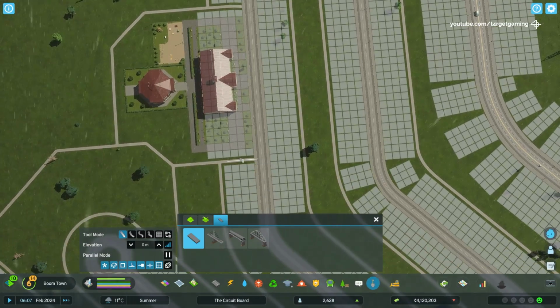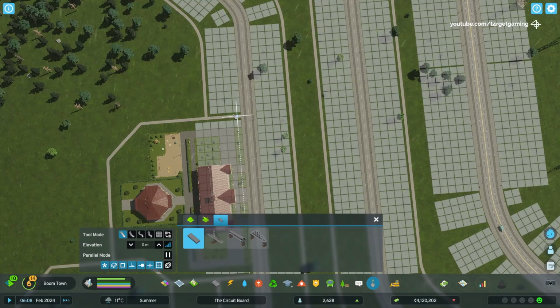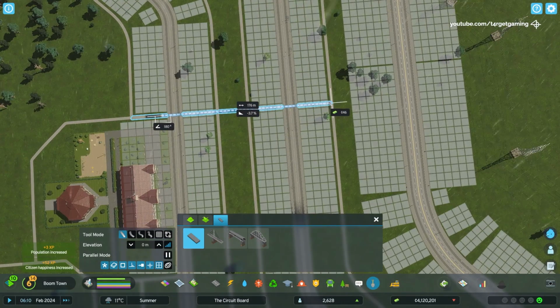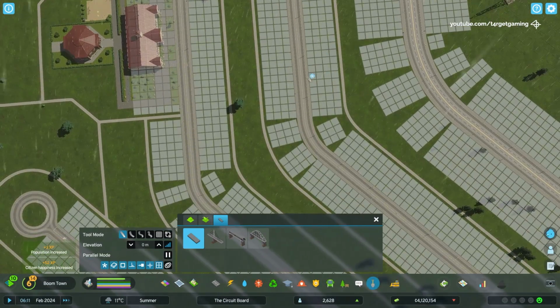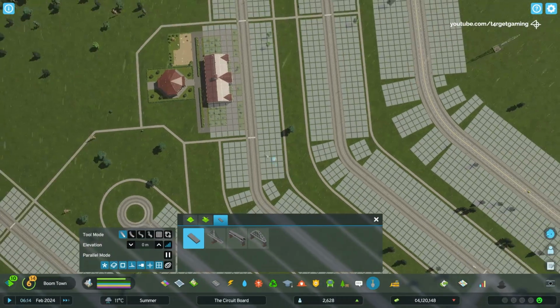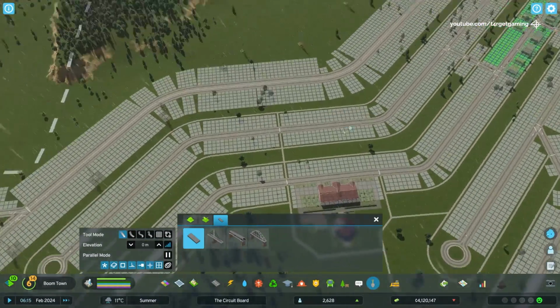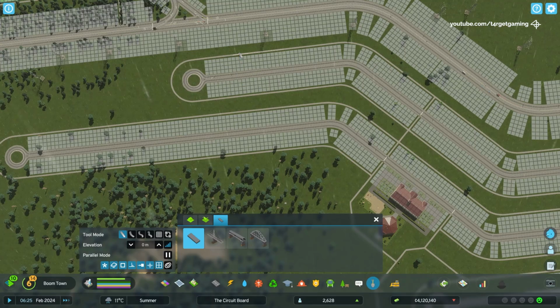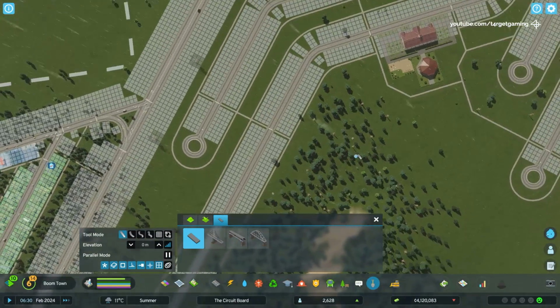Over here, I don't think I want to extend this one, but I do want to extend this one all the way here and connect it to the outer pathway. And here, I think I'm just gonna make a crosswalk. I think that's fine, but we can add another one over here, connecting these two districts together.